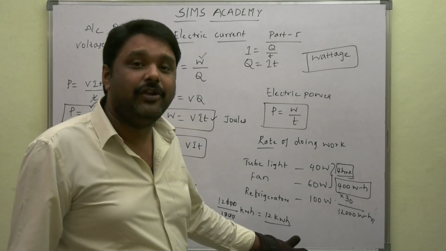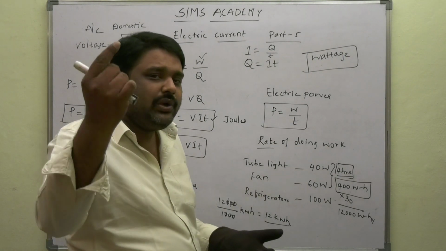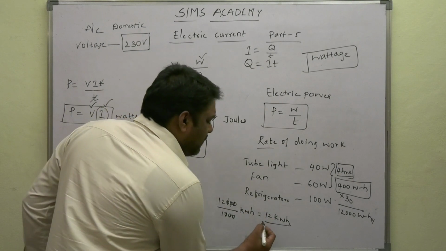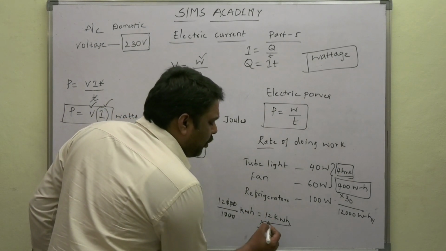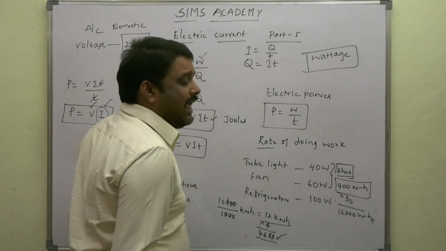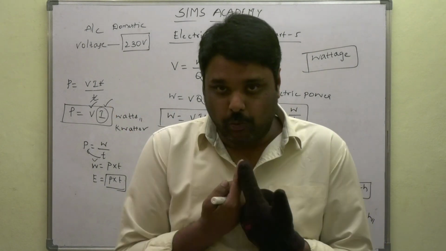Those are 12 units. Let us suppose each unit costs around 4 rupees approximately. Then 12 into 4, it is 48 rupees is the electricity bill we have to pay for this room.